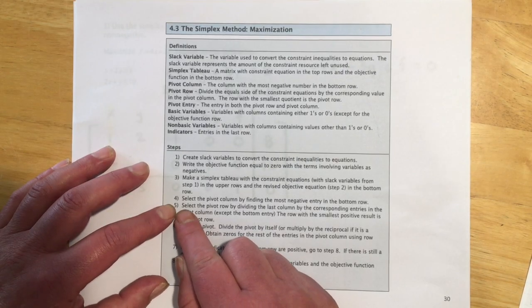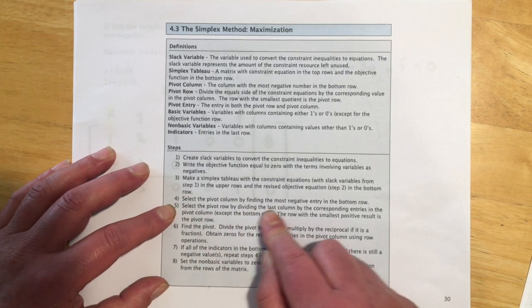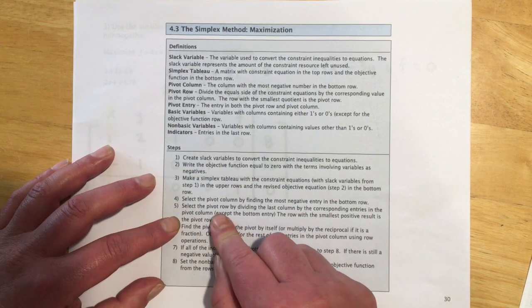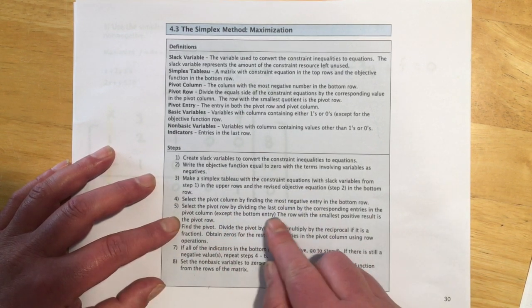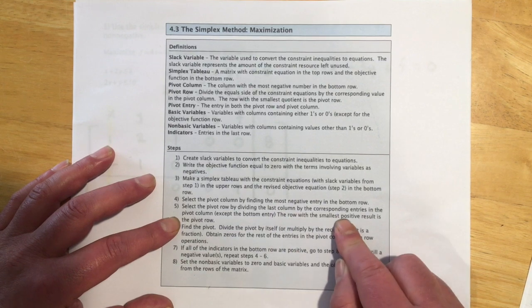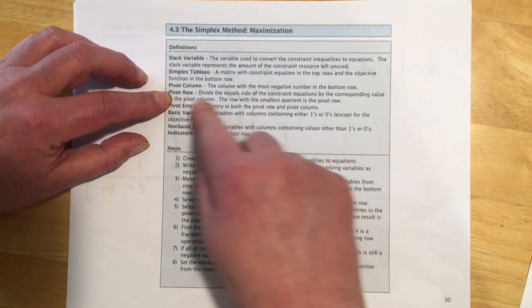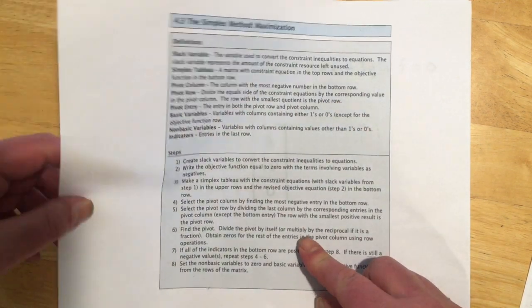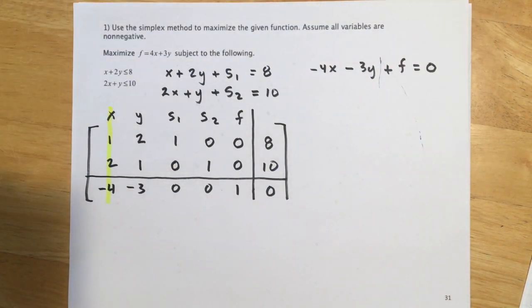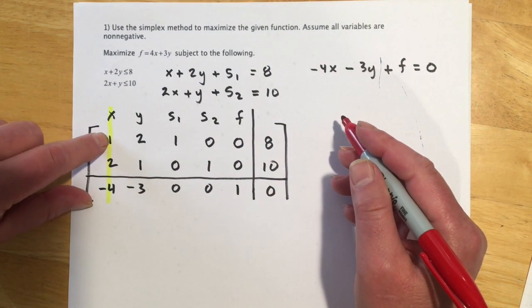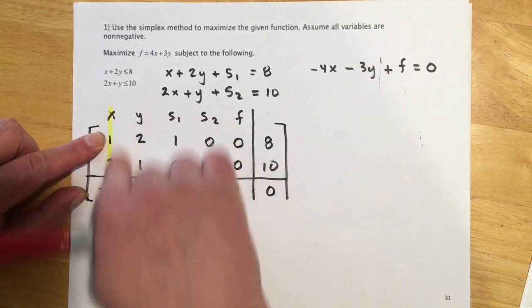Okay, step 5, select the pivot row by dividing the last column by the corresponding entries in the pivot column. And I'll show that, it'll make way more sense. The row with the smallest positive result is the pivot row. And the pivot row definition is basically just that again. So what we're going to do is divide the last column by the value in the pivot column.